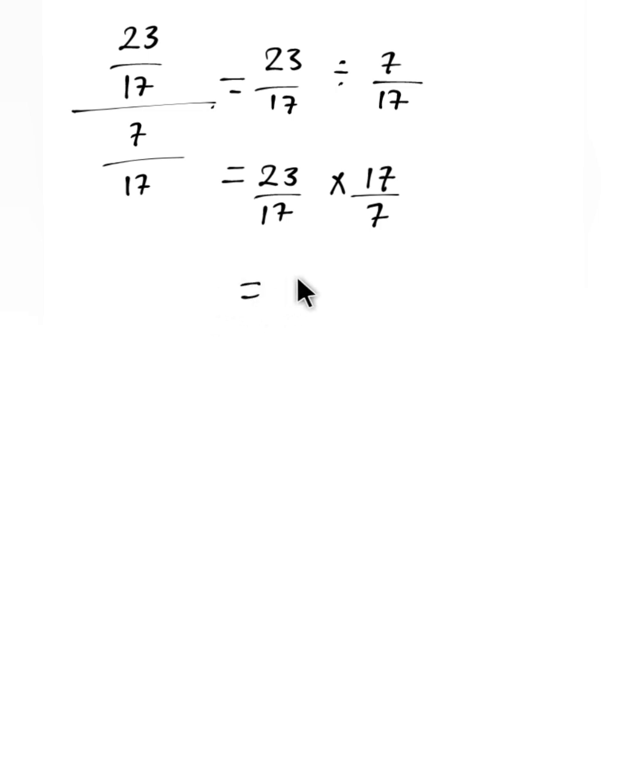So this will give us 23 all over 7, as 17 will cancel 17. So it's 23 over 7. And we know that 23 cannot be at the top of 7 because it's smaller, so 7 goes into 23 three times, remainder 2, giving 3 and 2 over 7. And this is the answer.